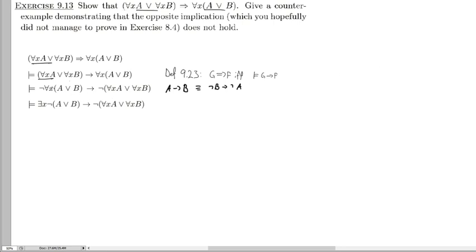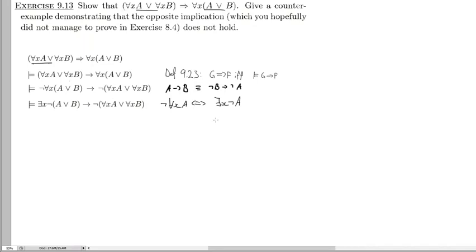We move this to the front and this to the back, and then put a negation in front, so that we have the negation of for all x (A or B) implies the negation of (for all x A or for all x B). And then we can push the negation in, so that we get an existence quantifier, and then the negation is in front of the A or B. So this is this rule right here, which we've just used.